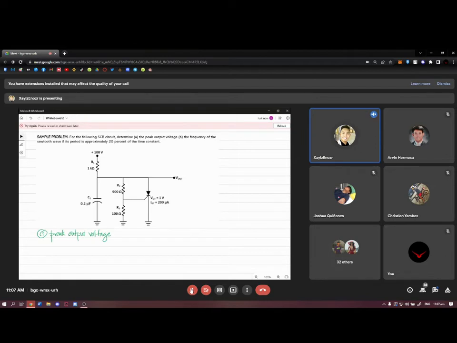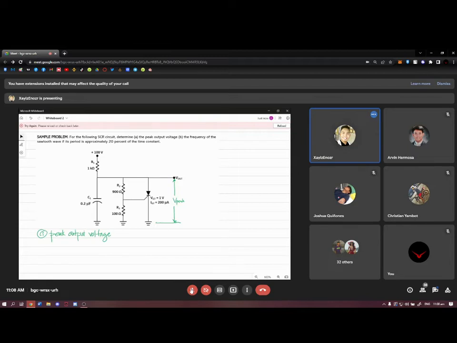Yung peak output voltage ito. Pag nag-measure ka dito sa output, ang ma-measure mo dyan is yung peak output. Ano yung ma-measure mo? Okay? So, kailan ka makaka-measure ng peak output voltage? Anong instance ka makaka-measure ng peak output voltage?